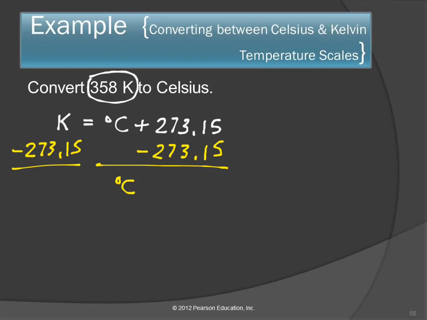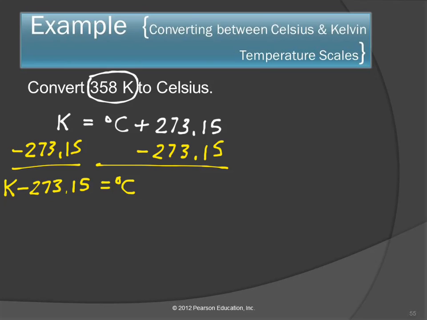And then what do I end up with? I end up with Kelvin minus 273.15 is equal to Celsius. That's rearranging equations. Sometimes students have trouble with these simple ones because I guess you just can't believe that it's really that easy. And yeah, sometimes it is. Not everything is hard.